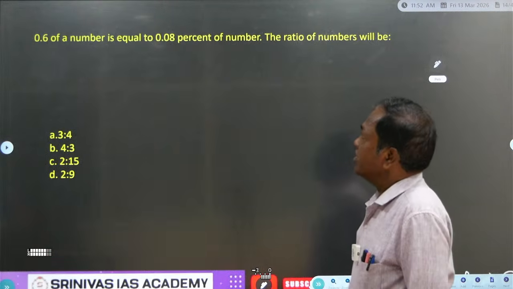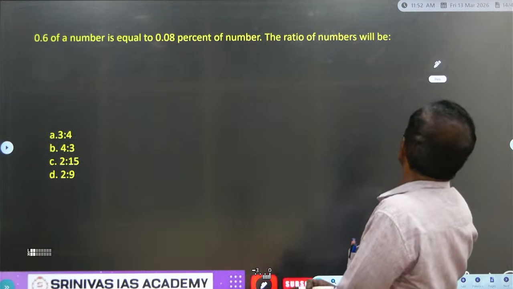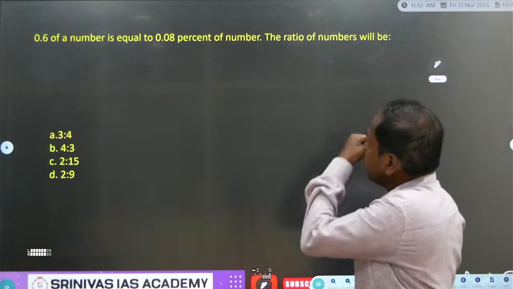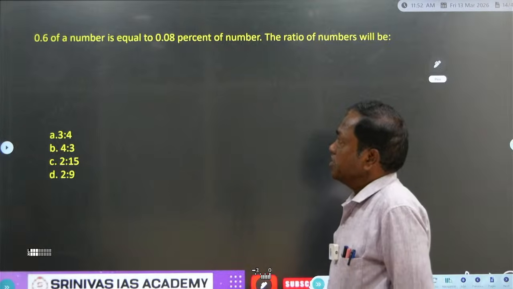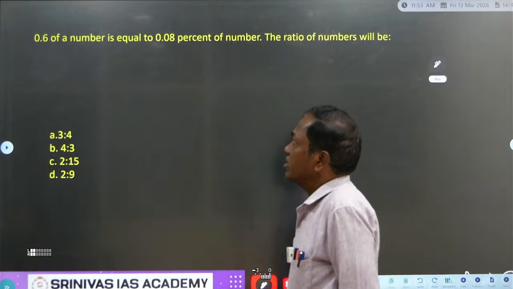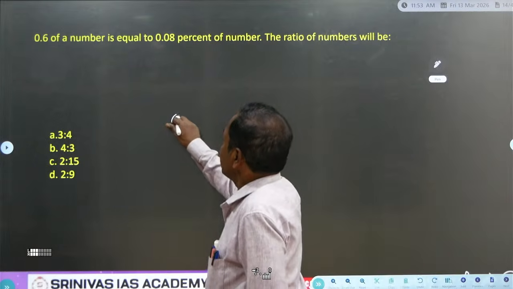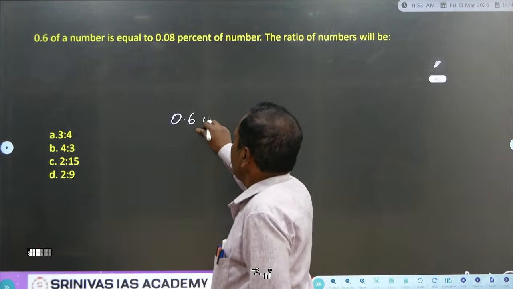Now, 0.6 of a number is equal to 0.08% of a number. The ratio of the numbers will be? How do you write 0.6 of a number?